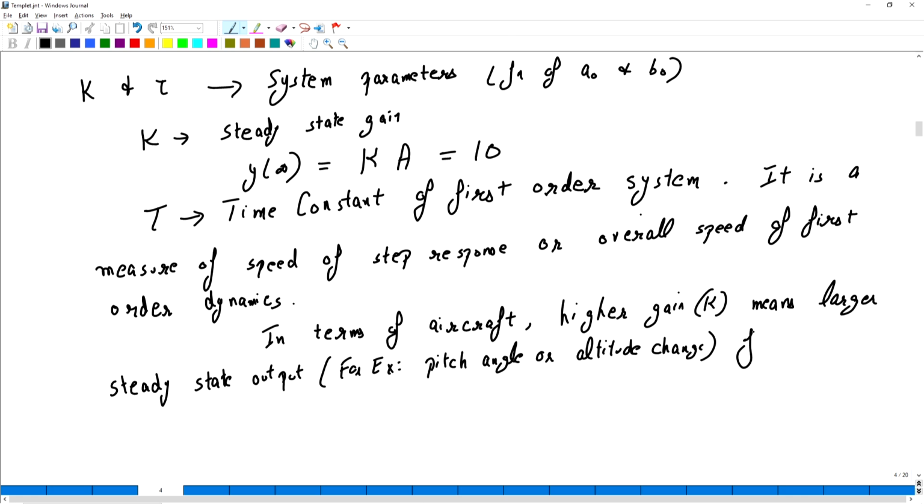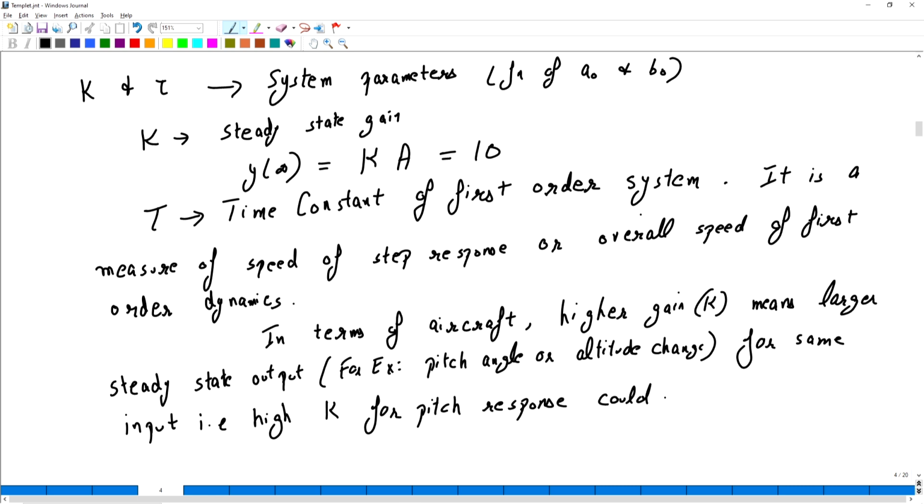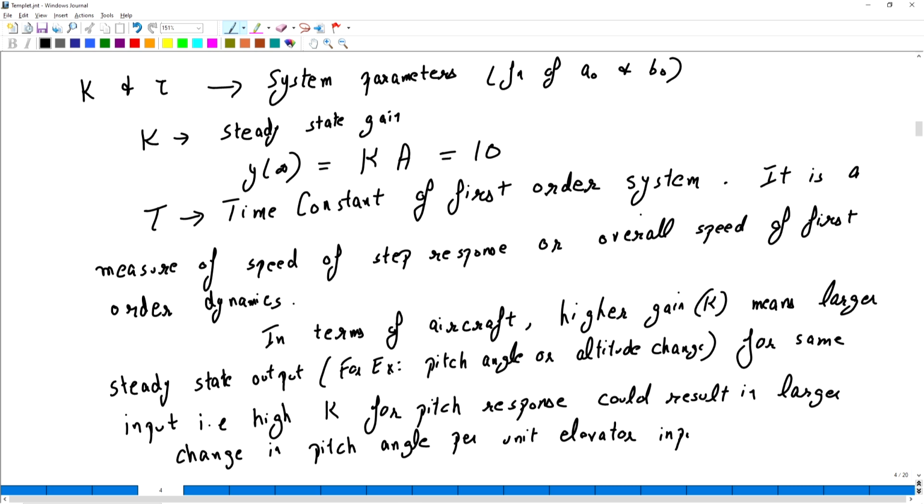That is, a high gain k for pitch response could result in a larger change in pitch angle per unit elevator input.